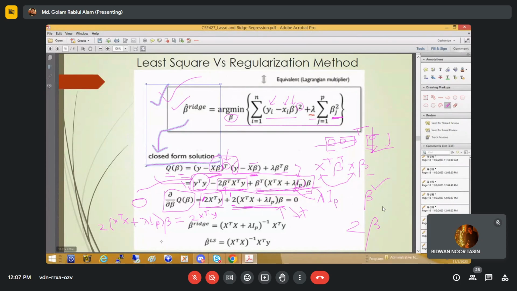So then what will be the beta? Then beta will be 2x transpose y divided by this term.